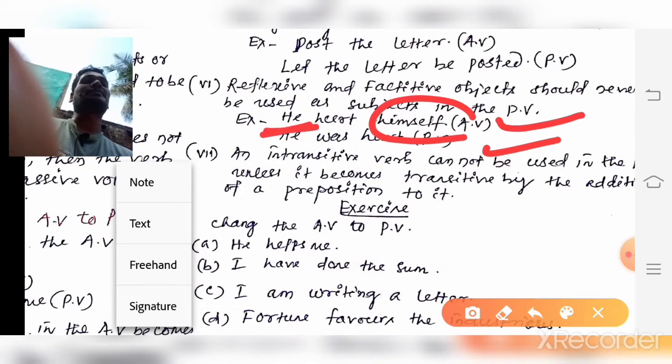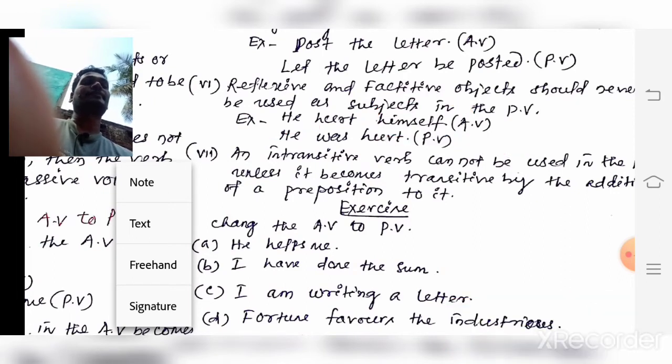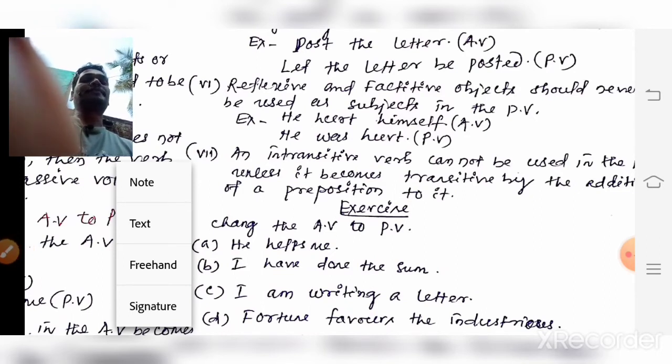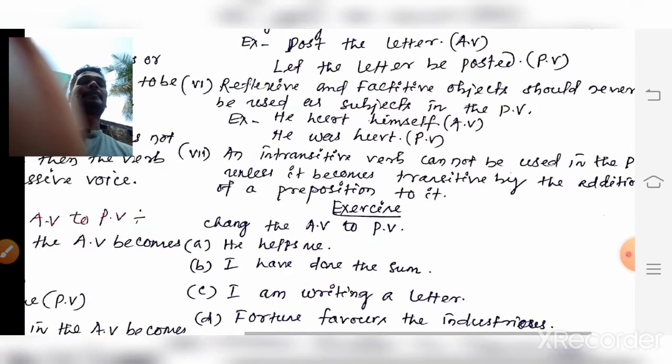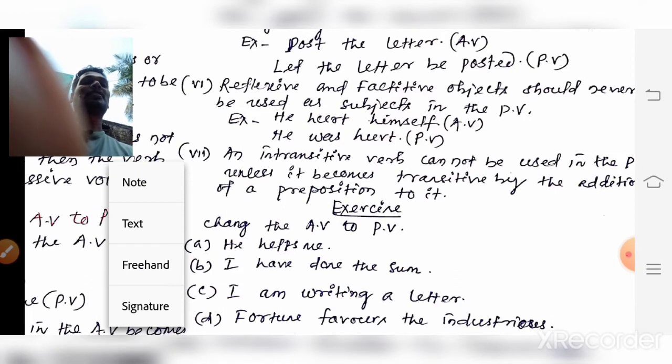He is the subject form of himself. So it is called reflexive or facultative objects. So in this case, we can write he was hurt only. Then an intransitive verb cannot be used in the PV unless it becomes transitive by the addition of a preposition to it.